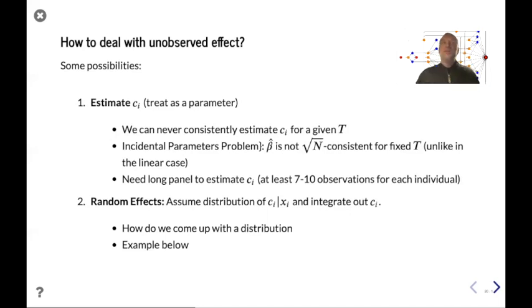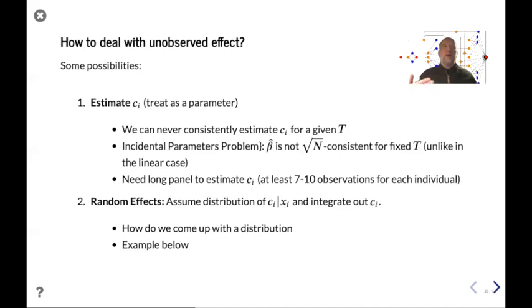I'm going to show in detail how you actually do that, and we're going to draw upon some of the things we had in numerical methods last year, about Gaussian quadrature or Monte Carlo simulation. I'll go into more detail with that in just a second.